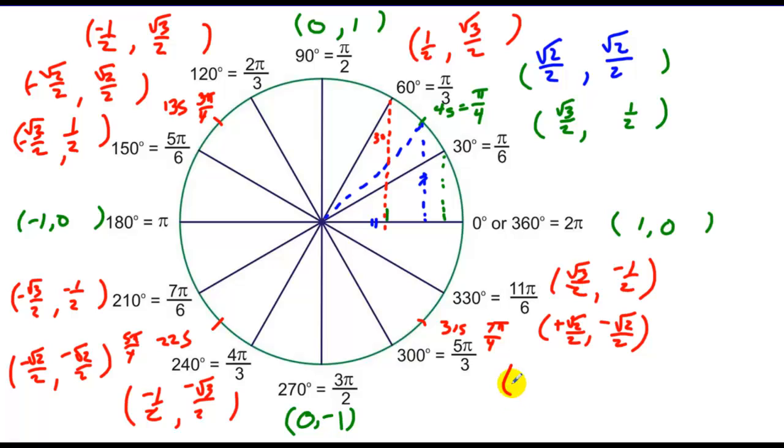And finally, I have 1/2 and negative root 3 over 2. Again, this was a very intuitive approach, but we found all x and y values for 30, 45, and 60 degree multiples around a circle.